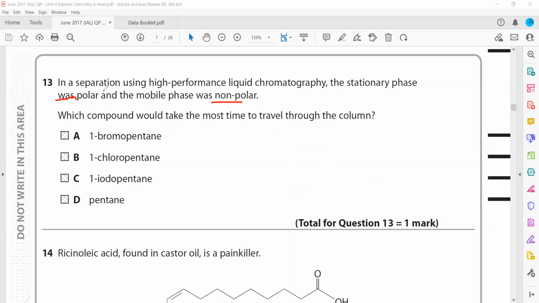So which is the most polar? Here this is non-polar, so these are polar. Which will be the most polar? Because chlorine is more electronegative, its bond is more polar than bromine and iodine. So it will be attracted more towards the stationary phase. As there is more attraction towards the stationary phase, it will move slowly through the high performance liquid chromatography column.